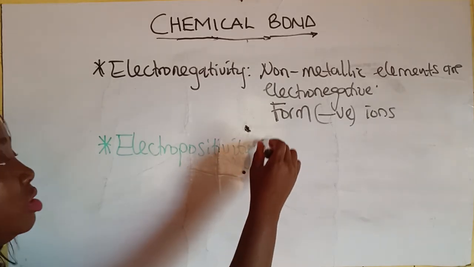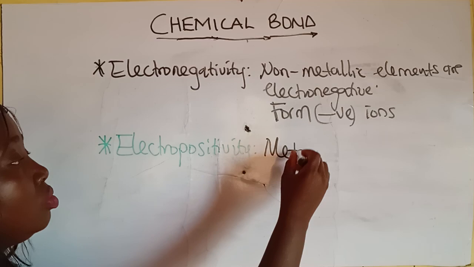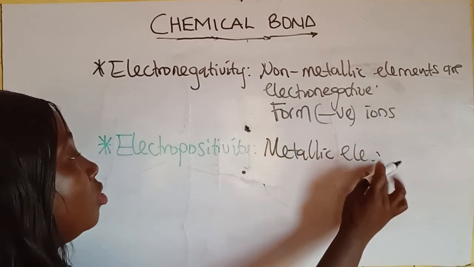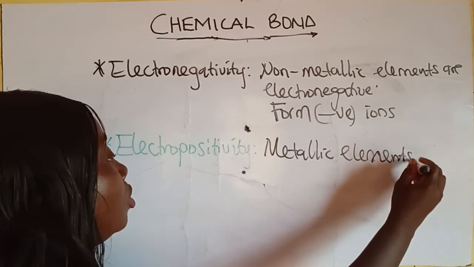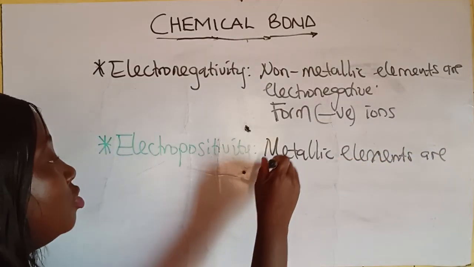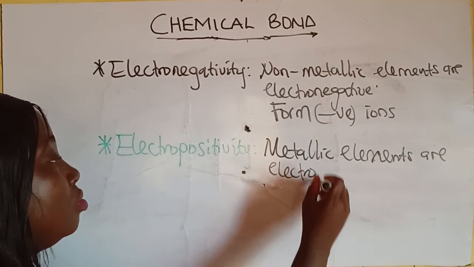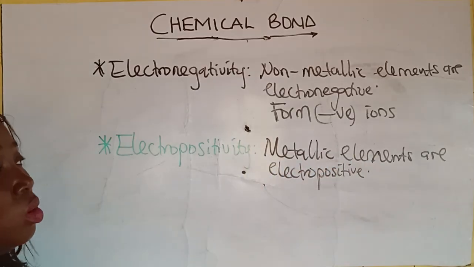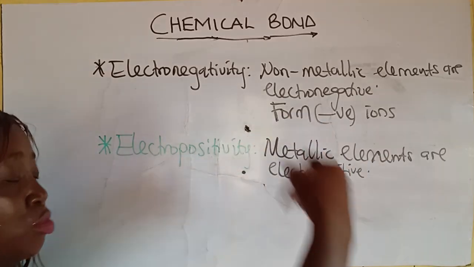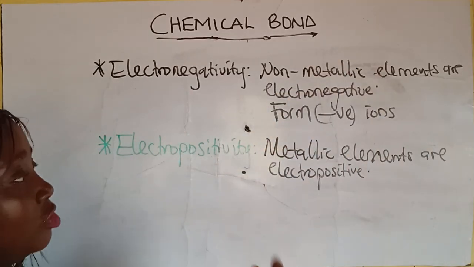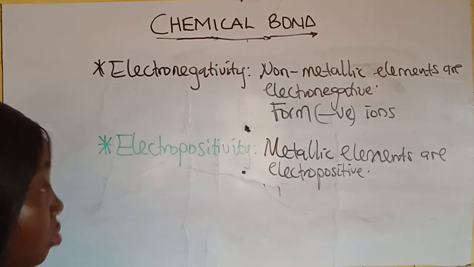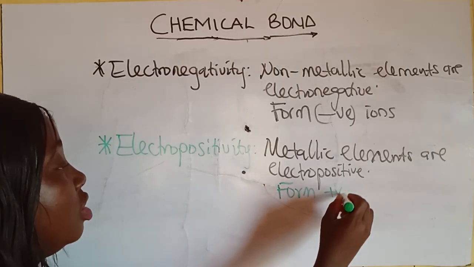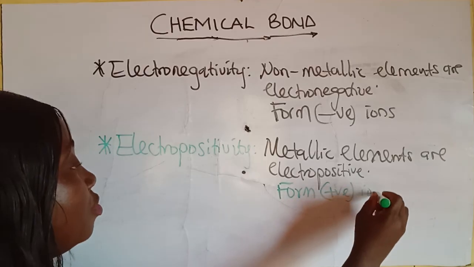All metallic elements are electropositive. And when they give out their atoms' electrons, or the valence electrons, they form positive ions.